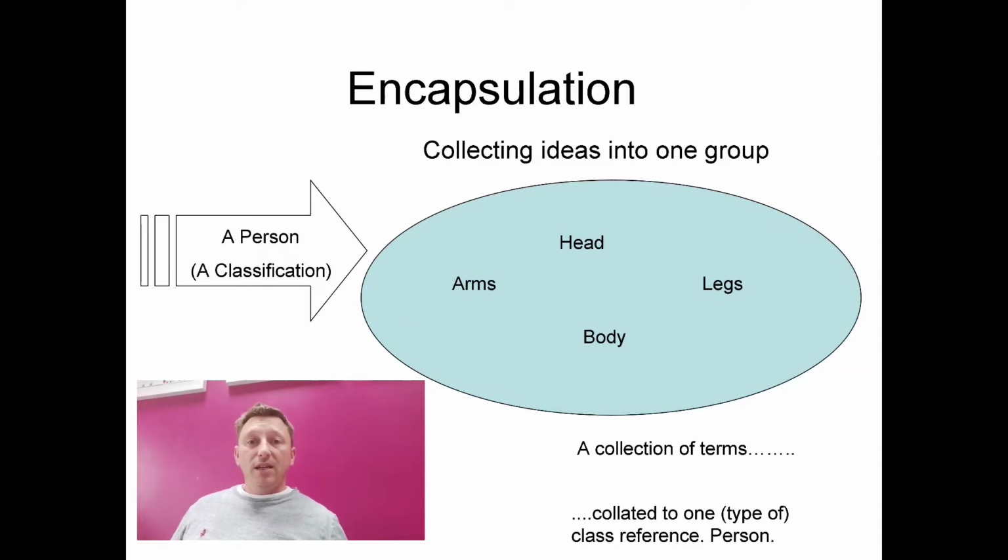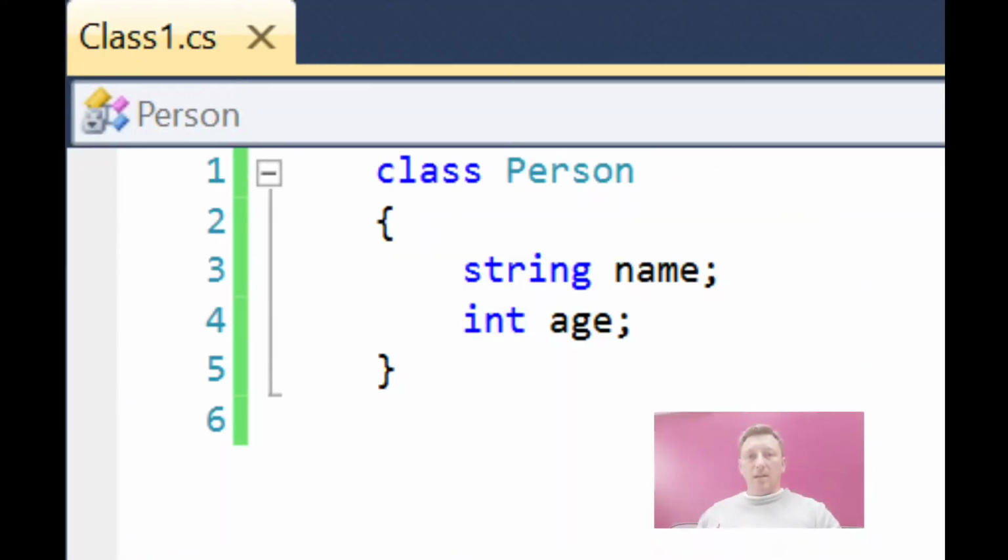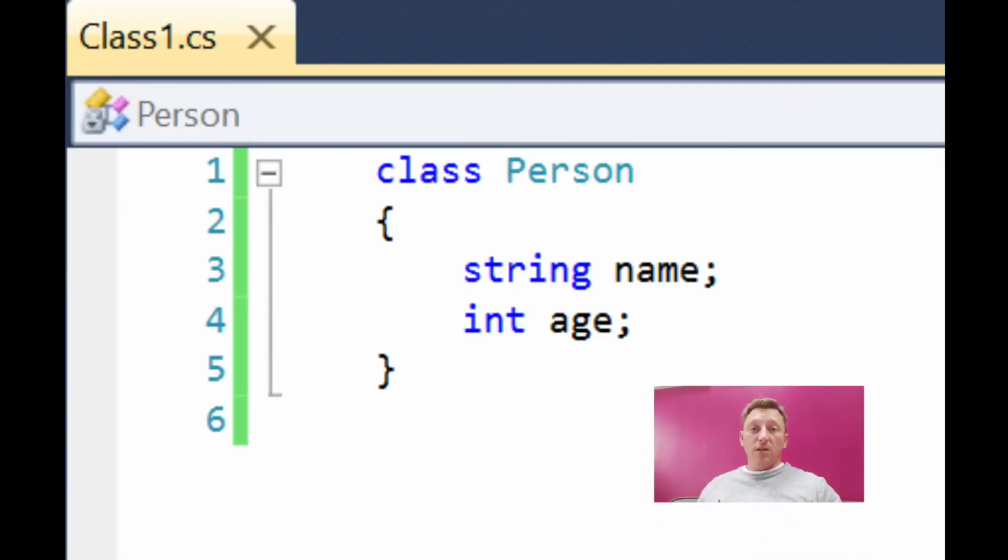So I think the idea of encapsulation is pretty straightforward. It's not a difficult one to grasp. The diagram here shows what we would call the class of a person, and what are we collecting in that class? Well, we're collecting the arms, the body, the legs, and that idea basically. And here's an example of the code. It's very simple.